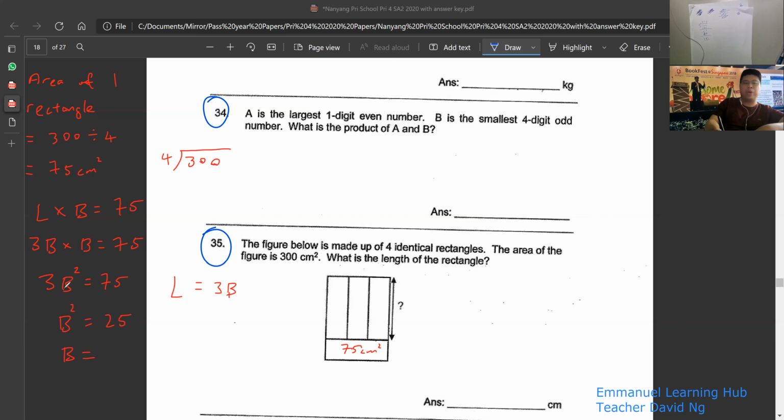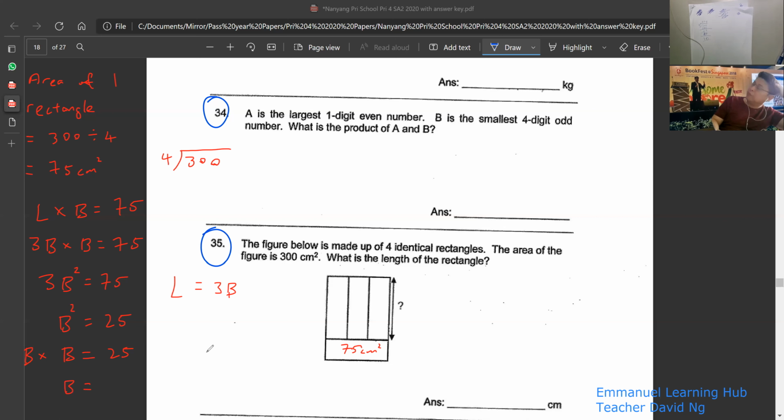Breadth times breadth is breadth squared. 3B squared is 75. So B squared is 75 divided by 3, you get 25. So what is B? B times B is 25, right?